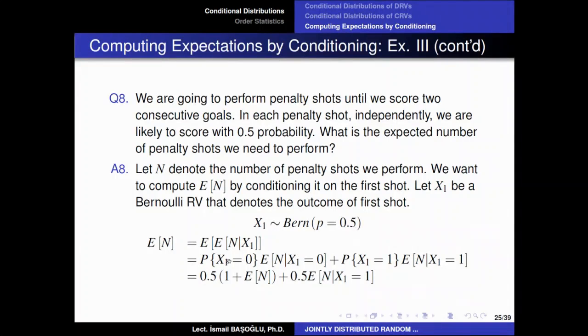So the probability that my first penalty shot is a miss times the expected total number of shots I need to perform given that miss, plus the probability of X1 being equal to 1 times the expected value of N given X1 equal to 1, which means the probability my first shot is a score times the expected number of penalty shots I need to perform, given that my first shot is a score.